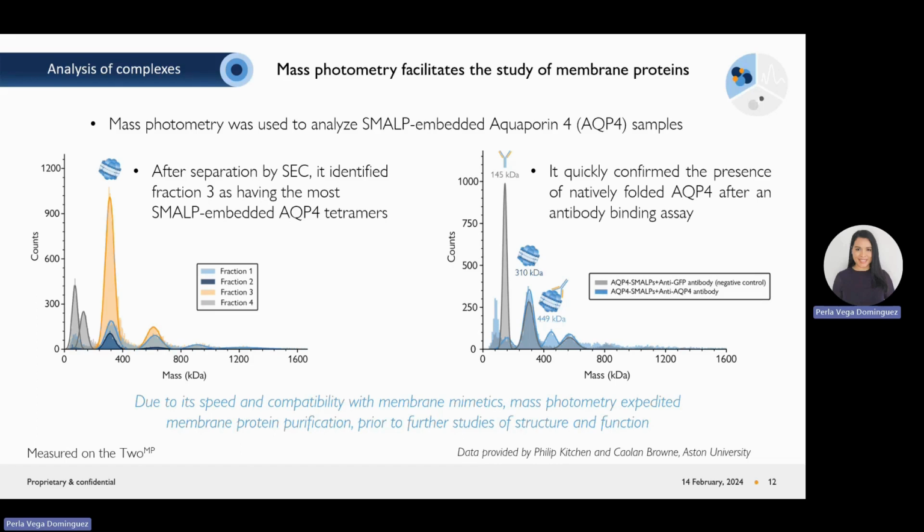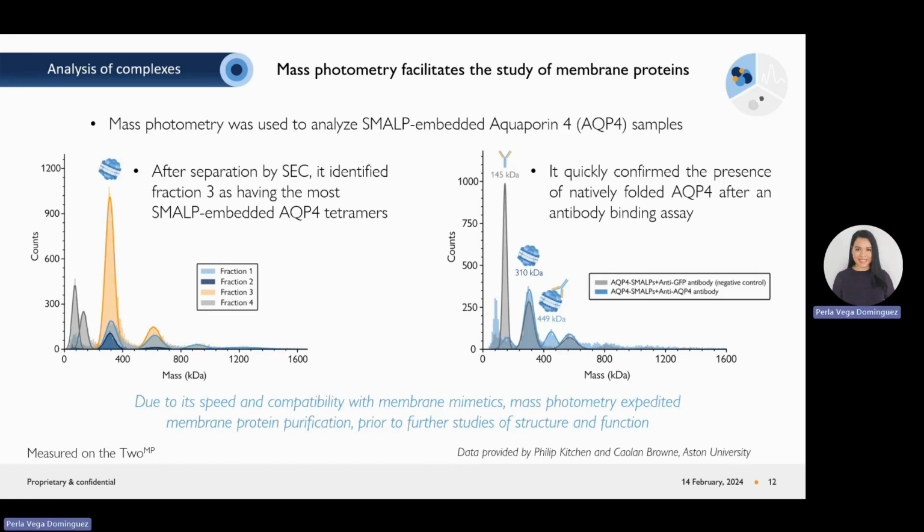The histogram on the left shows how aquaporin 4 tetramers embedded in a nanodisc, which have a mass of roughly 310 kilodalton, are present in different fractions of a purification process. So clearly fraction 3 is where we have the highest abundance of the complex that they were aiming to characterize. And of course, there were higher order oligomeric species that were also embedded in nanodiscs.